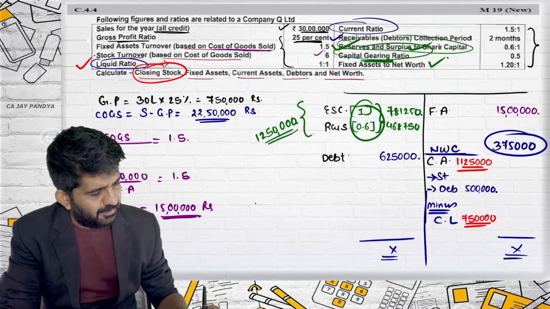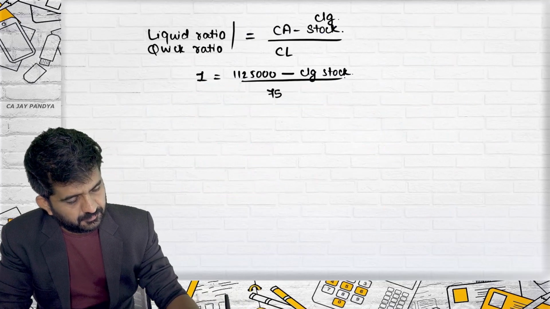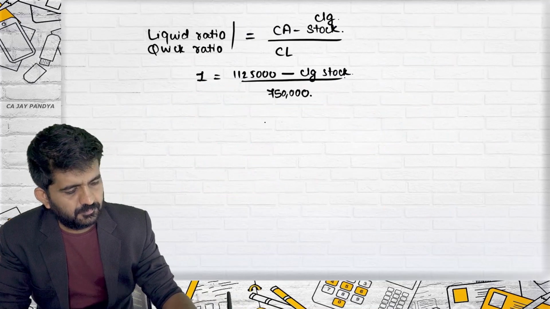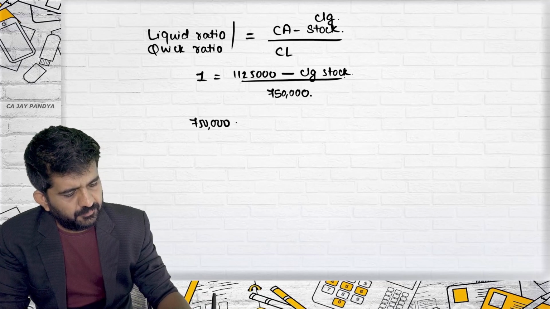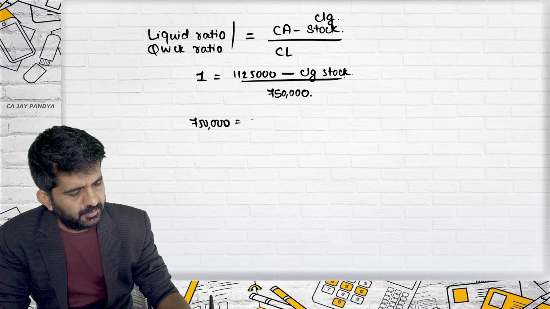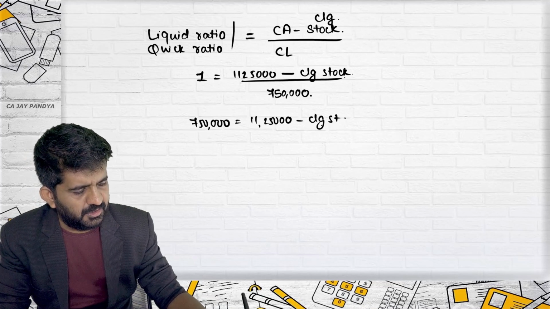Upon current liability. Are we having current liability? Yes, it is 7,50,000. This will be 7,50,000 is equal to 11,25,000 minus closing stock.